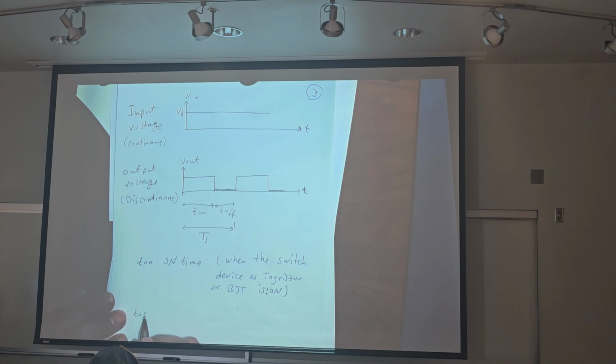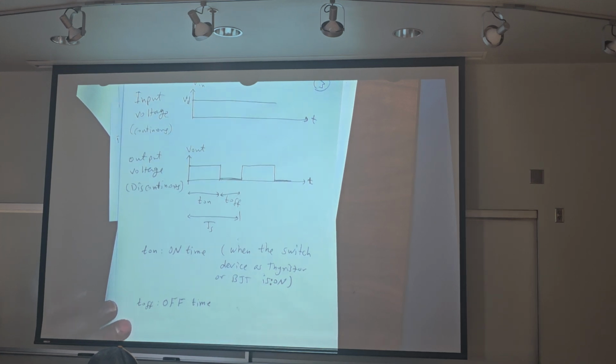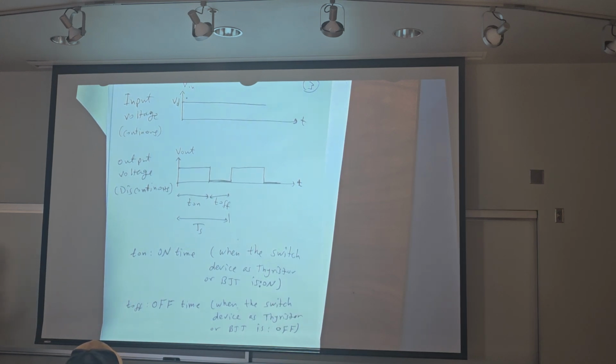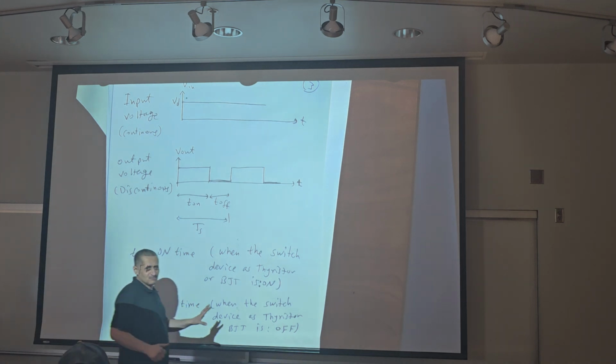T off is the off time, when the switch device, thyristor, BJT or field effect transistor, is off. BJT, MOSFET, any device.